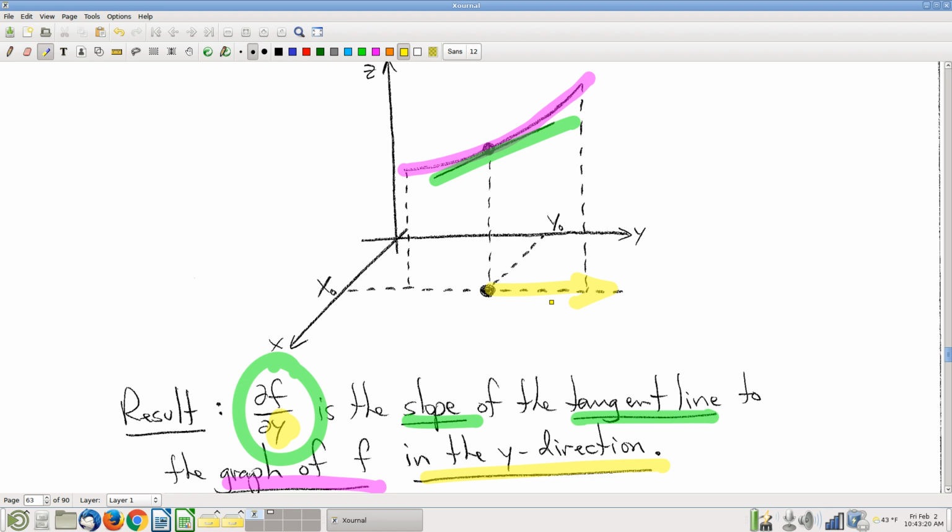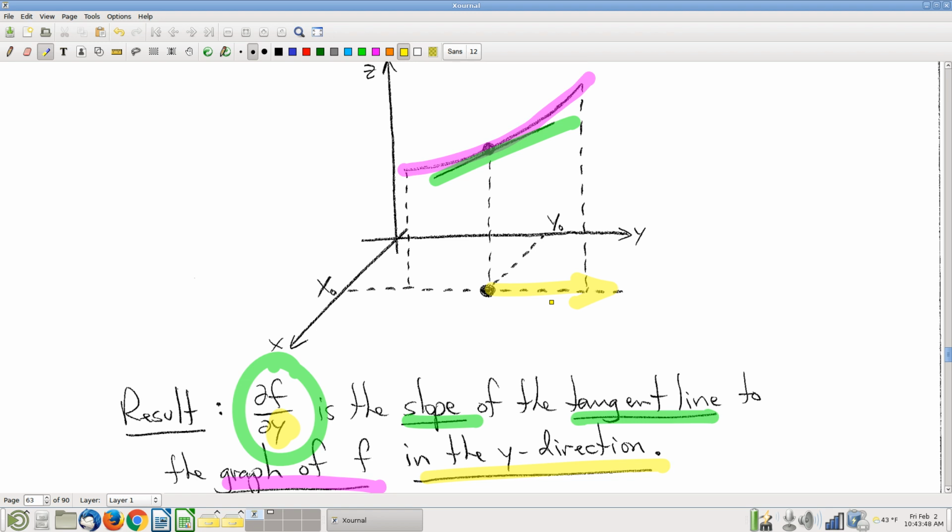How are we doing? Everybody happy with this interpretation? All right, so that's geometrically natural. I mean, in the context of graph, we look at graphs all the time. We like graphs. Y'all probably like graphs more than I do. And in this context, slope of a tangent line, it's not only geometrically natural, it's also familiar. And this is a little different. With single variable derivatives, it's the slope of the tangent line, end of story.